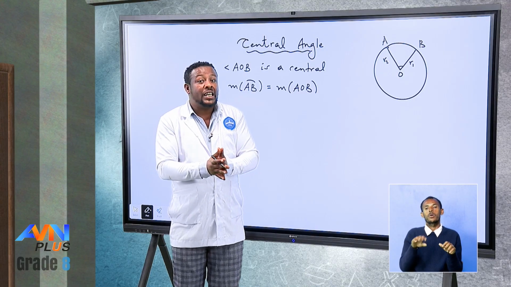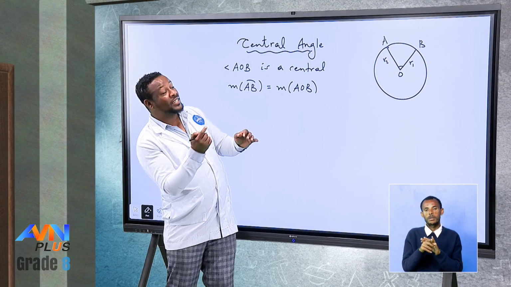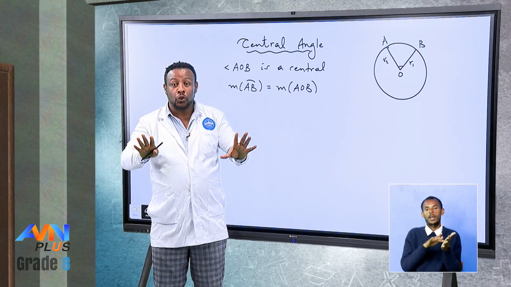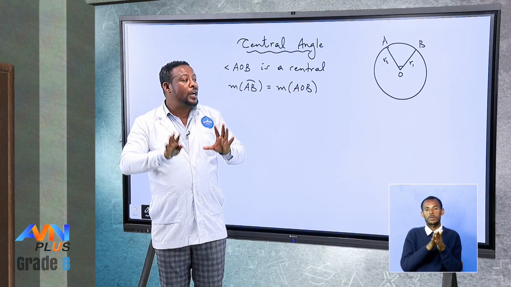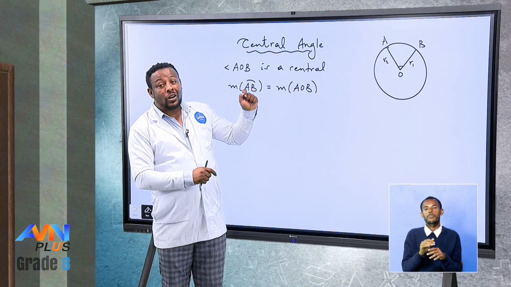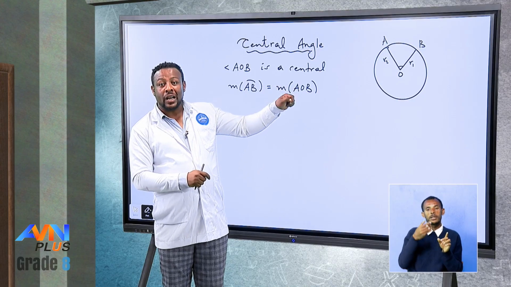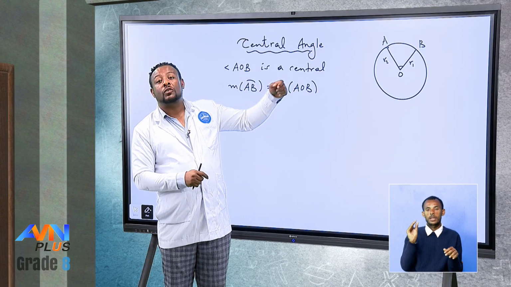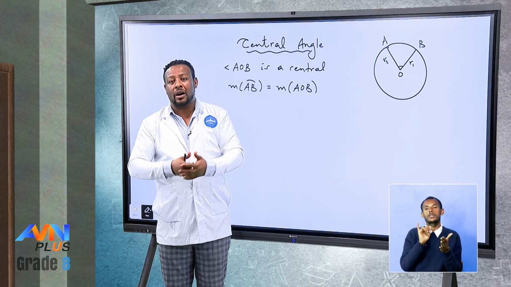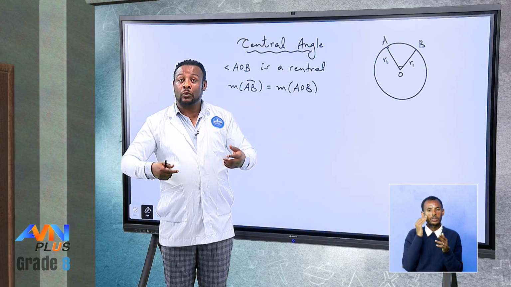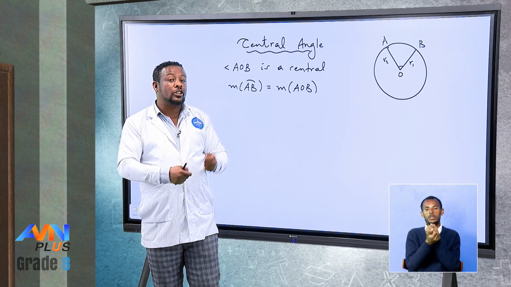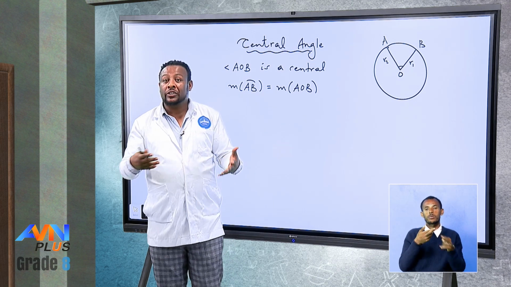So we will see different examples regarding this central angle, but for the time being, I need you to keep in mind that the degree measure of the central angle and the degree measure of the arc that subtends it are the same. Okay, so this knowledge is very important whenever we solve problems related to central angle.